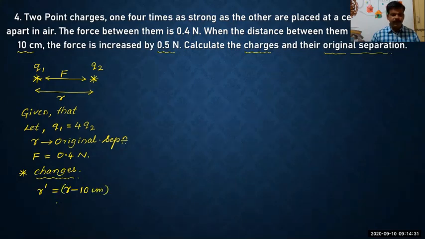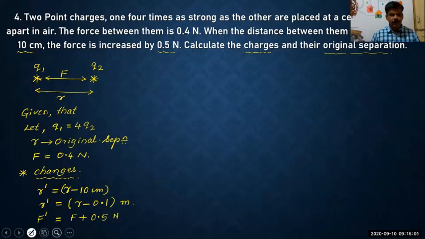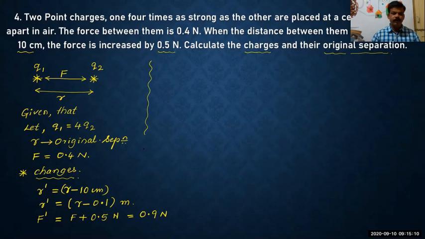Now, if you want to convert this in terms of meter, if R is in meter, then it is R minus 0.1 and the unit will be meter. And the new force F dash, after making this change, will be 0.5 Newton more than the previous force. Therefore, it is F plus 0.5 Newton, that is 0.4 plus 0.5, totally 0.9 Newton. So this is all the information we have.